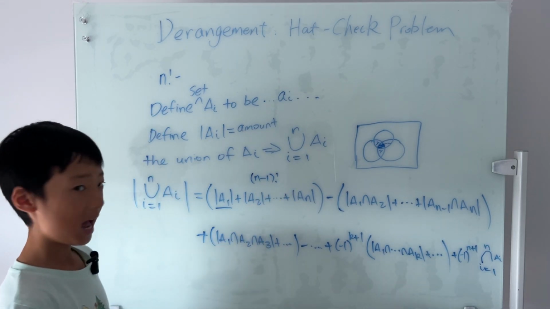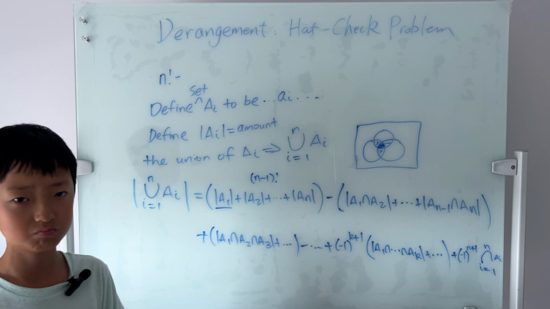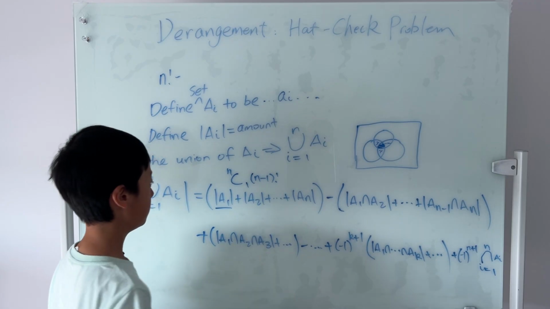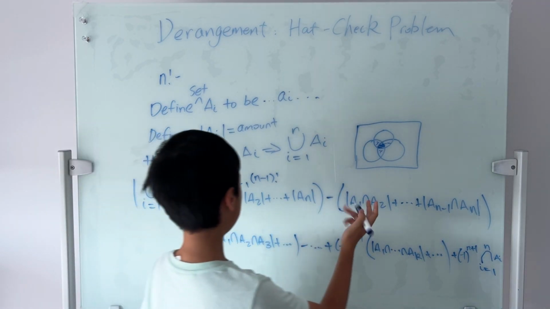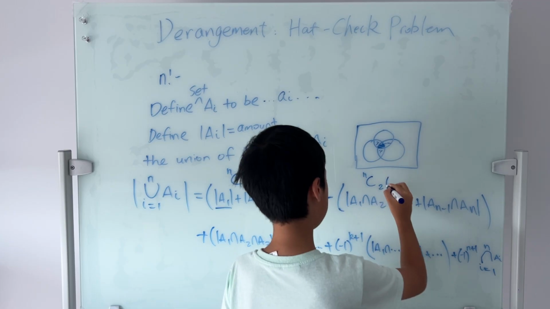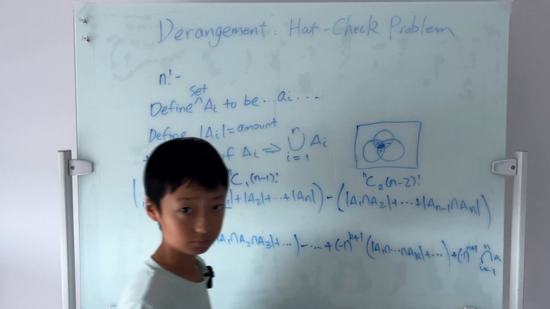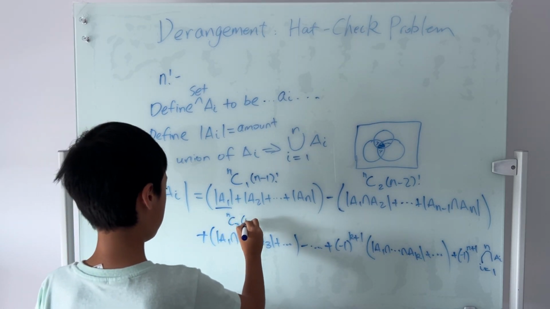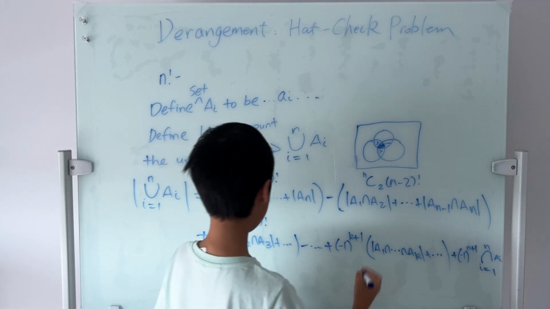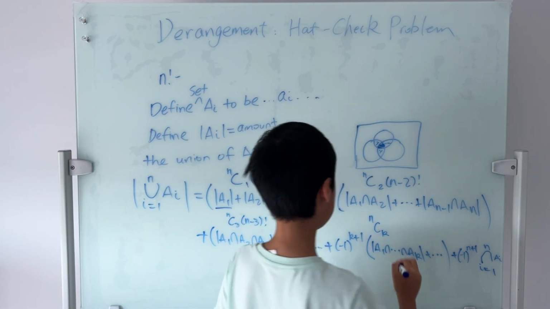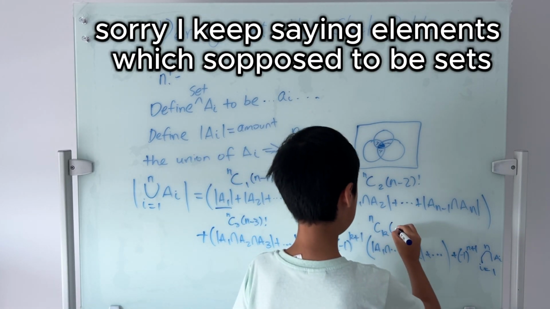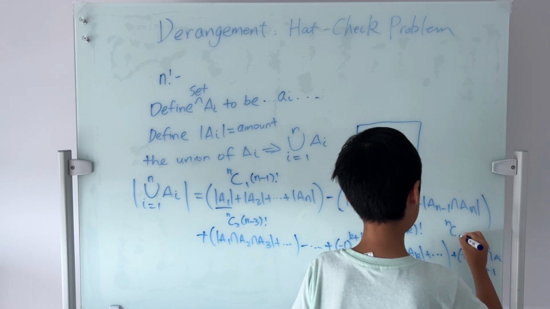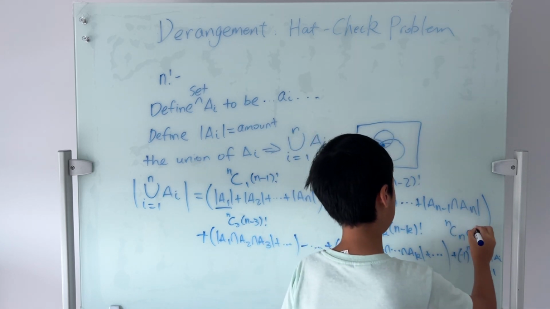We need to multiply by how many cases there are, which is n, but I'm going to write it as C(n,1). Then if you do the same thing, this will be C(n,2) times n minus 2 factorial, then C(n,3) times n minus 3 factorial, then C(n,k), because this is the kth term, times n minus k factorial. And for the last one it will be C(n,n) times n minus n factorial, which is 0 factorial.